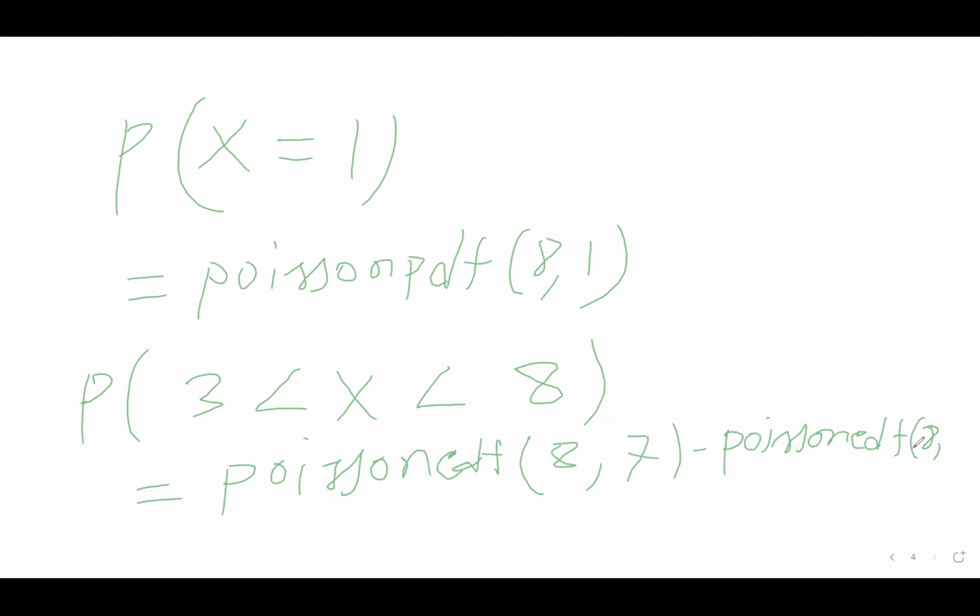X is greater than 3, but not 3. So that means you have to subtract 0 to 3. So this number will be 3. So when you are calculating the probability using a calculator or a spreadsheet, you have to be very careful because there is a chance that you might make a mistake.